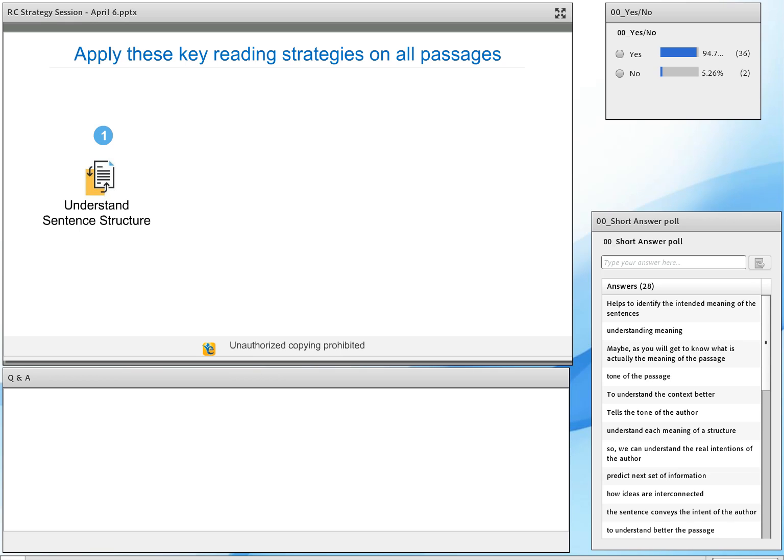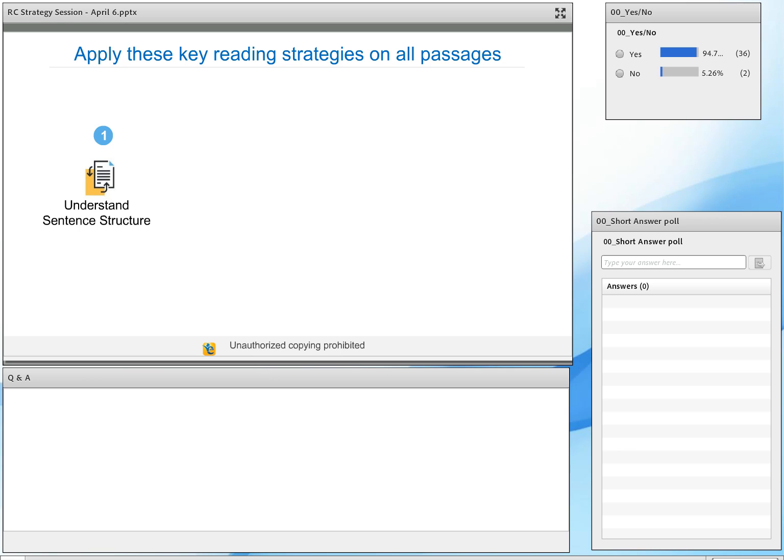Well, if you think about it, what is the building block of an RC passage? It's the sentence, right? However, let me ask you this question. How many of you have completed sentence correction or have done 50% of sentence correction preparation?